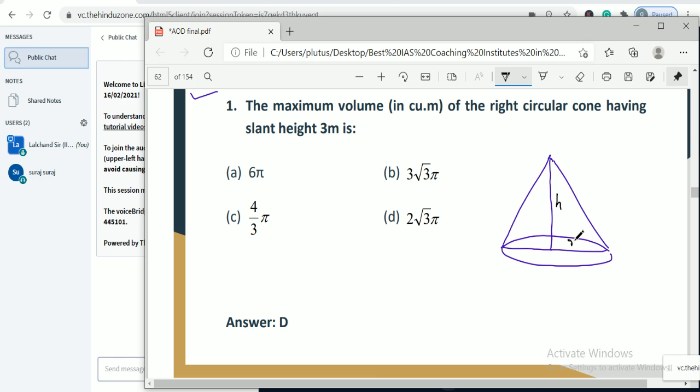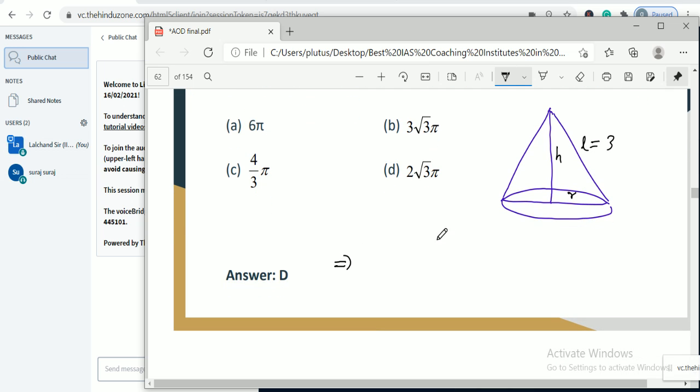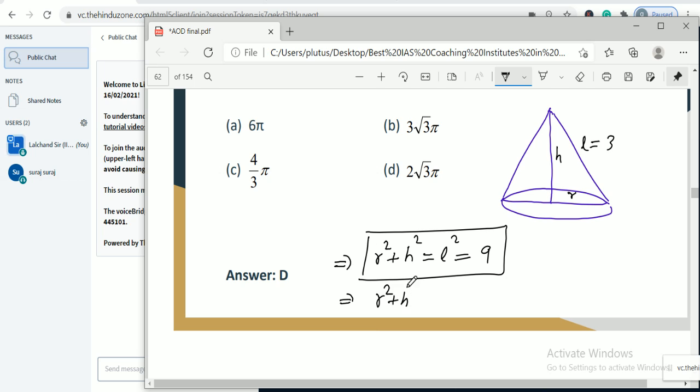Let's suppose radius is r. And this is slant height L. L is given as 3. So what is the relation between these three sides? We can write r square plus h square equal to L square, that means 9. So this is the first equation: r square plus h square equal to 9.